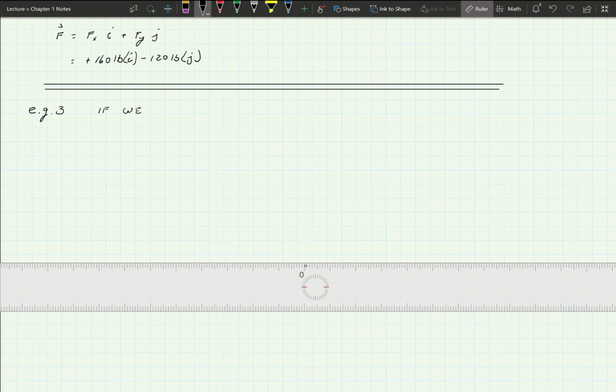if we know the component forces and we want to know the force F and the angle.